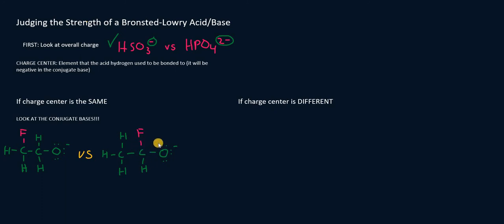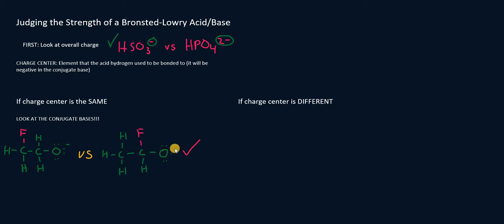Because this one has the F closer to the charge center, this guy would come from the stronger acid. Because the closer your electronegative element is to the charge center, the stronger the inductive forces are. The further away that electronegative element is, the weaker the inductive forces are. So inductive forces increase with the more electronegative your element is, and they increase with proximity to the charge center.